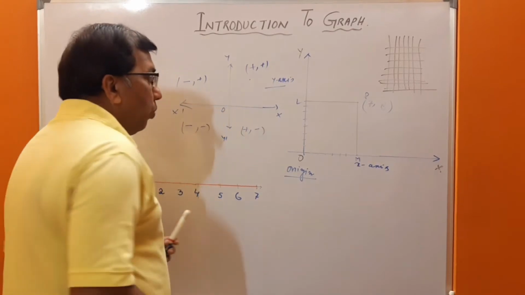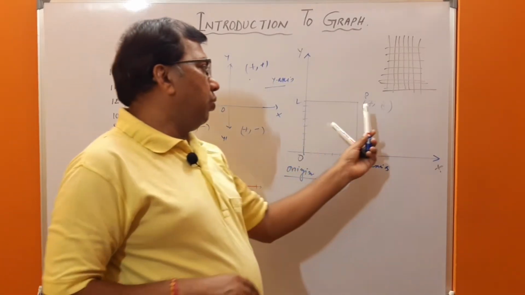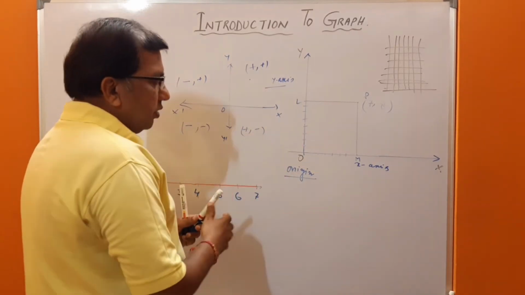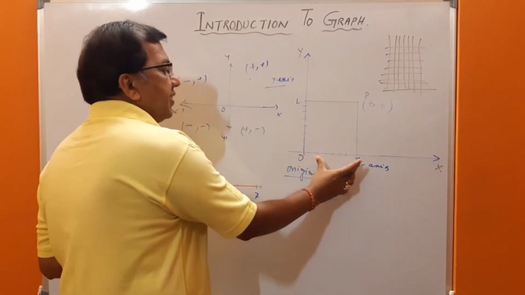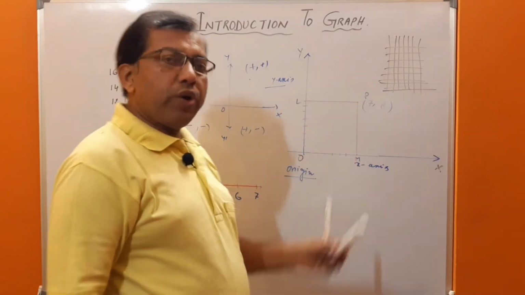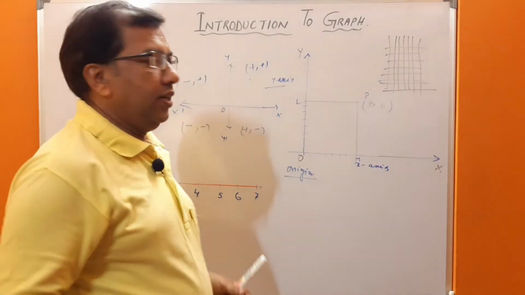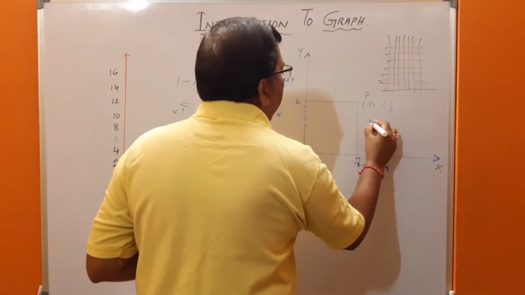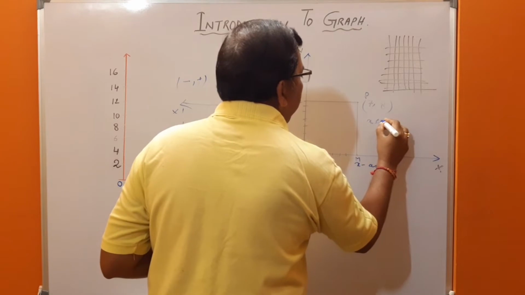So what is this point? This is known as the coordinates of P. And first the value of x, that is in the x-axis, first we have to write the value of x. It is known as x coordinate or abscissa.